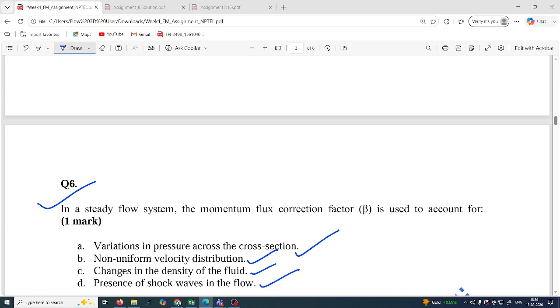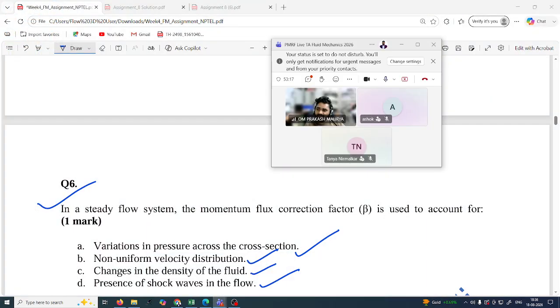So you have 4 options. The momentum flux correction factor. So you have 2 types of correction factor. One is kinetic correction factor and another is your momentum flux correction factor. So just please try to understand the question and try to write your answer in the chat box.